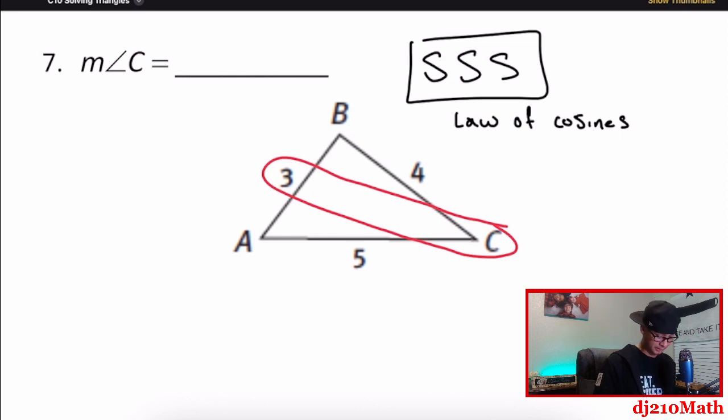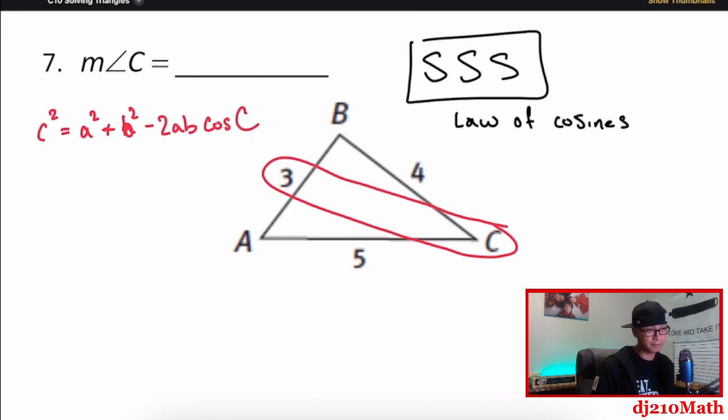Law of cosines says that the side squared is the other 2 sides squared plus the other side squared minus 2 times both the sides times cosine of the angle across from the side that we're looking for. So when we plug in all these values, this is going to be little c, this is little a, this is little b.